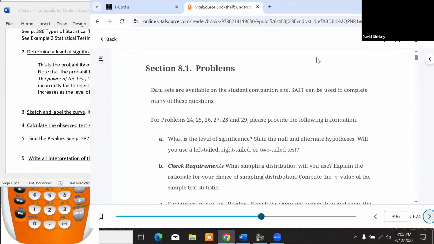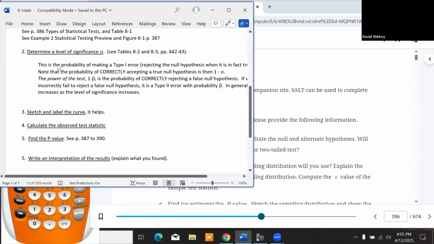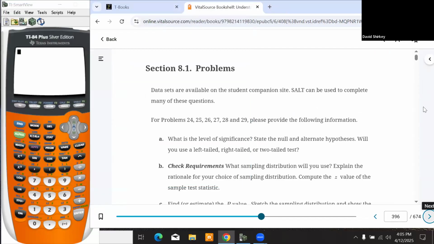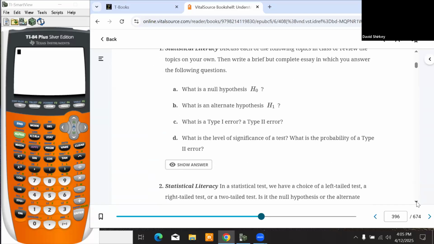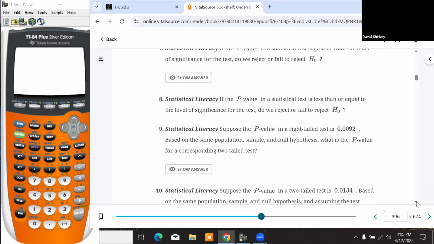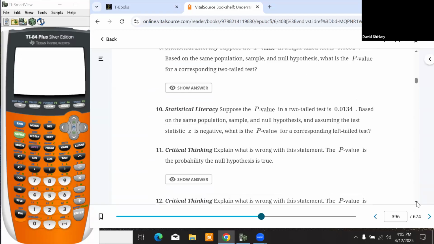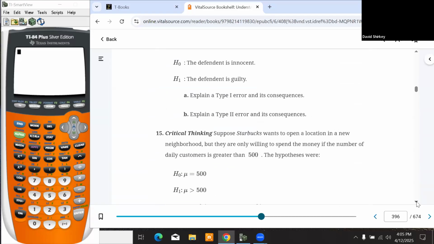All right, here's what I want. Section 8.1 problems. So I think we'll get rid of that. I'm going to scroll down and pick an even numbered statistical test.